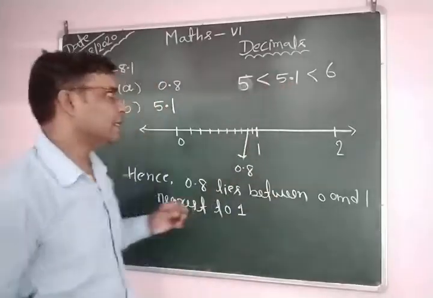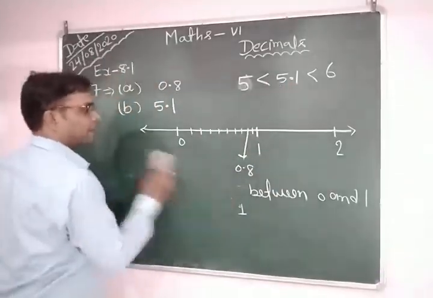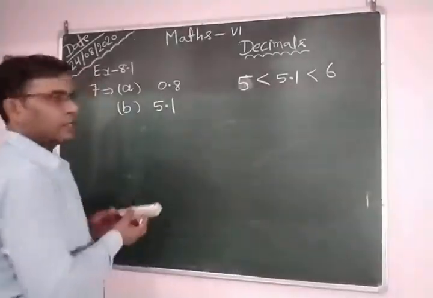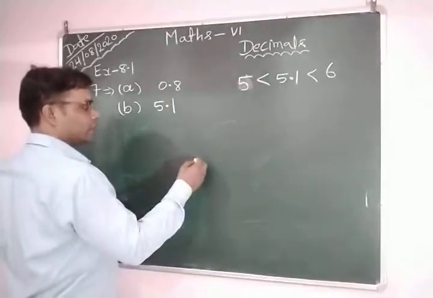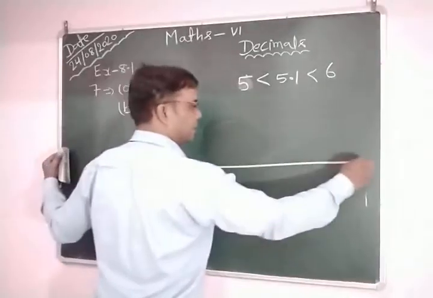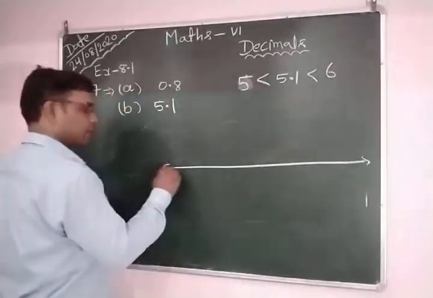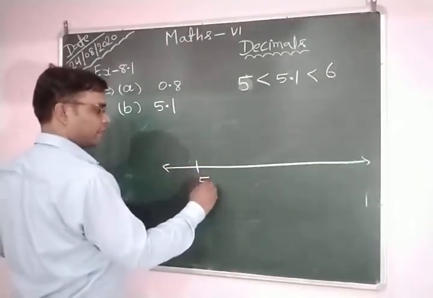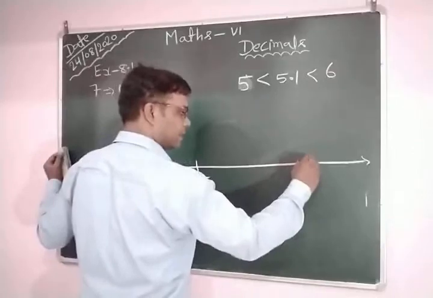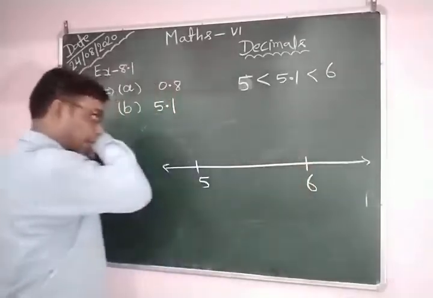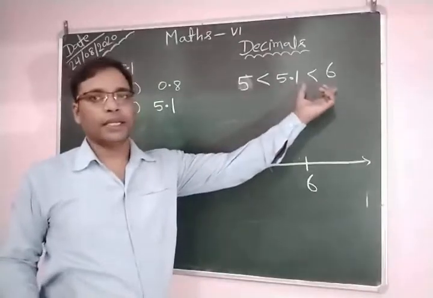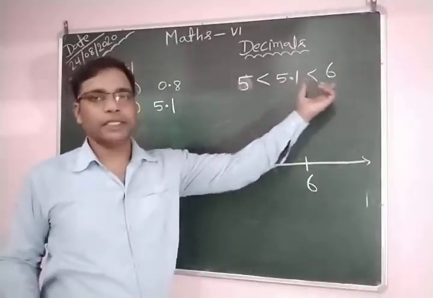If you draw the number line, then you can understand that. So let's see, this is a number line. Suppose this is 5 and this is 6. Clear? 5.1 is greater than 5 and less than 6.